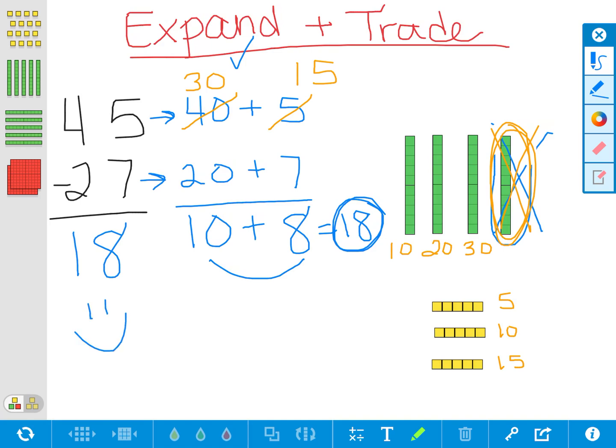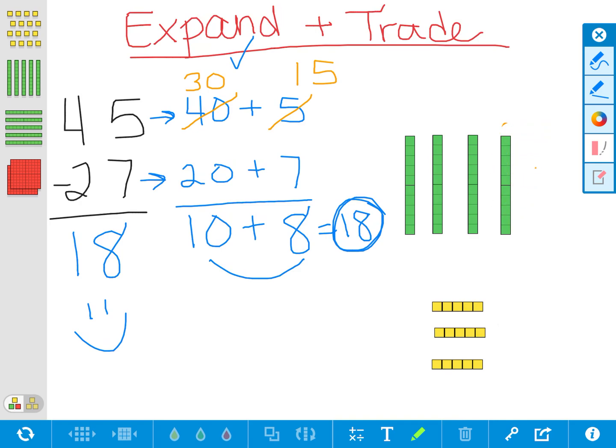Now let's see if we can do that with our place value blocks. I'm going to erase my numbers here. And I'm going to get rid of one of these 10s since we brought it down below. So I have 10, 20, 30, and then I have 5, 10, 15 out of my 1s. Let's take out the 7 first.